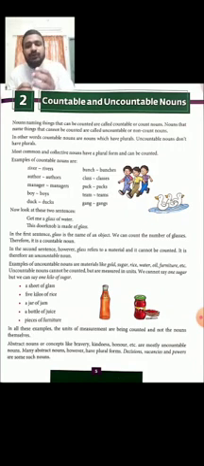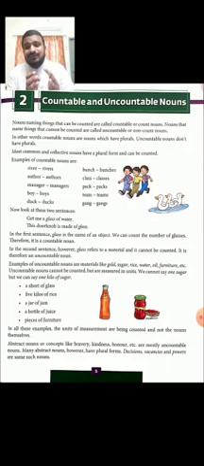So that can be called a countable noun. But in the second sentence, the same word glass is referring to a material. So it cannot be counted. So there, glass is being called an uncountable noun.